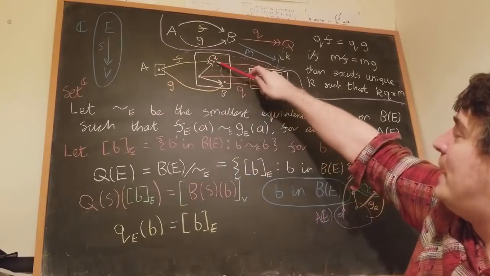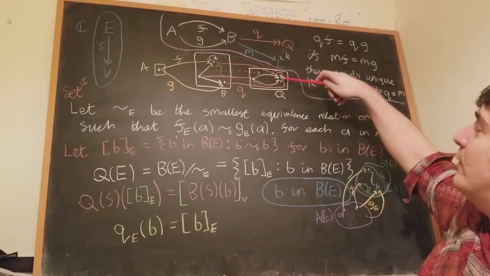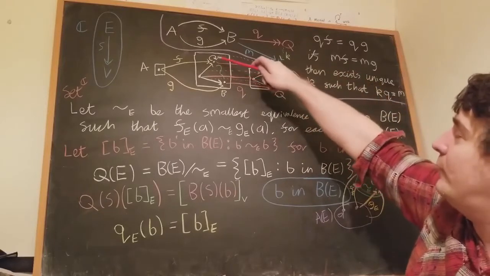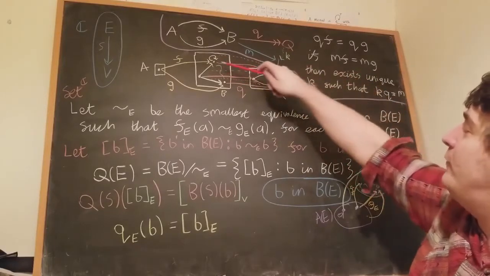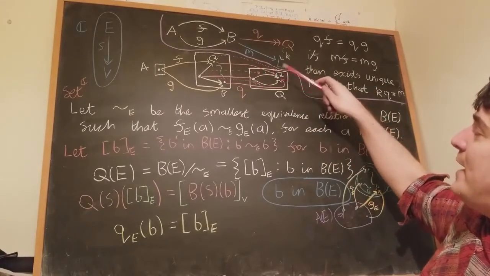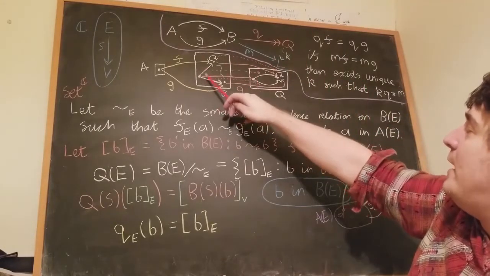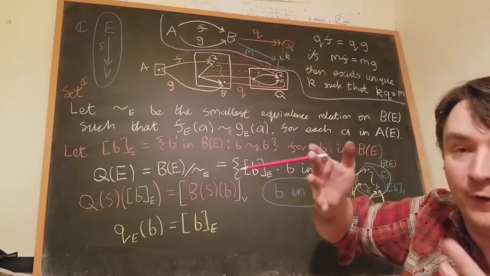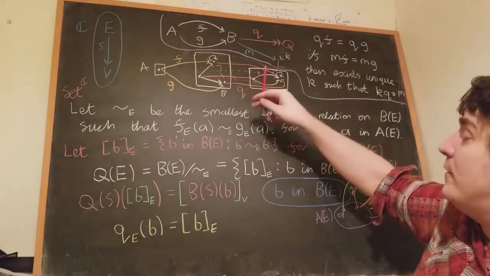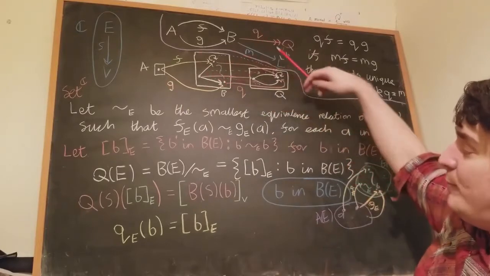So these two things are going to be equivalent, so they're going to get sent to the same equivalence class. In other words, there's going to be a vertex here representing the equivalence class of these two things, and these two are essentially going to get glued together because they're both going to get sent to this vertex here. This vertex is going to get left alone because it's in an equivalence class just itself. Okay, there's nothing else that this gets identified with. And so that's what happens to the vertices in this picture.